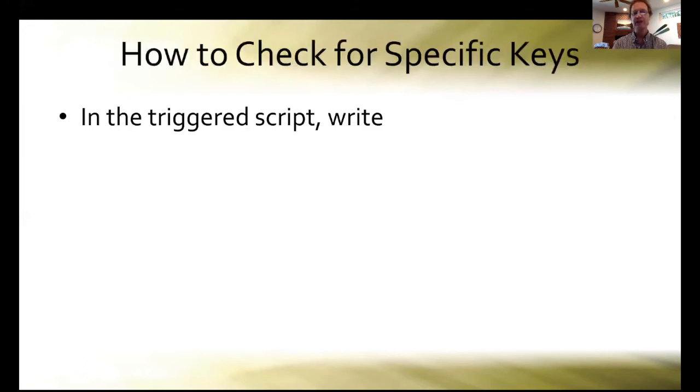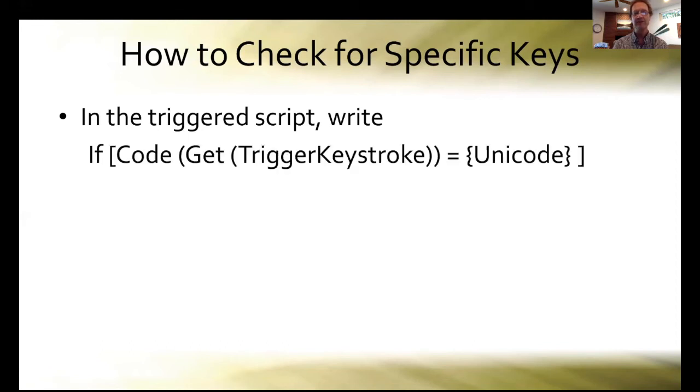Here's how you would check to see which key was used to trigger a script. In the triggered script, write this line of code. You're going to use the script step If, and then in the condition of the If, use the Code function.